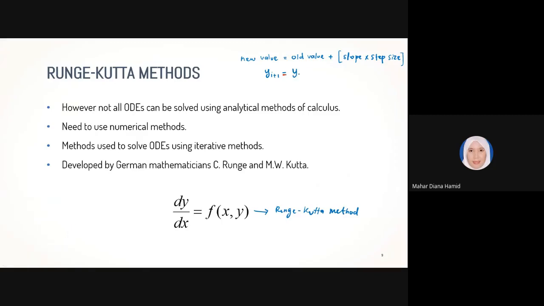So this is the general form of the Runge-Kutta equation. If we try to draw it on a graph, for example, if we have a function that we want to integrate, the interval is from x_i to x_i plus 1.